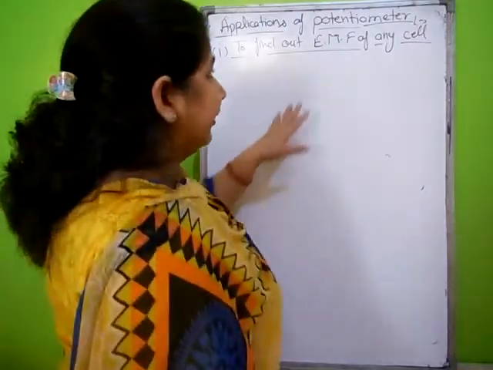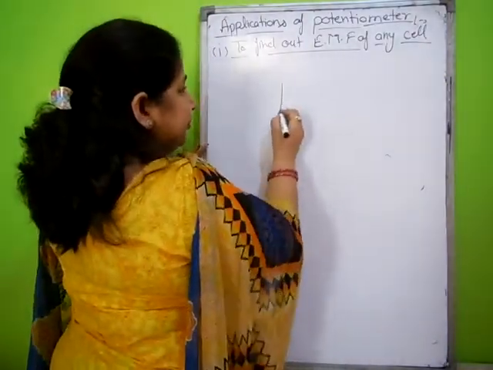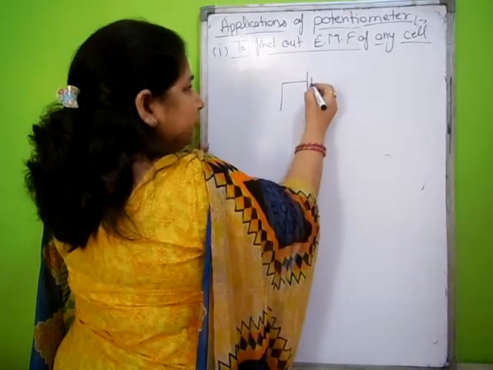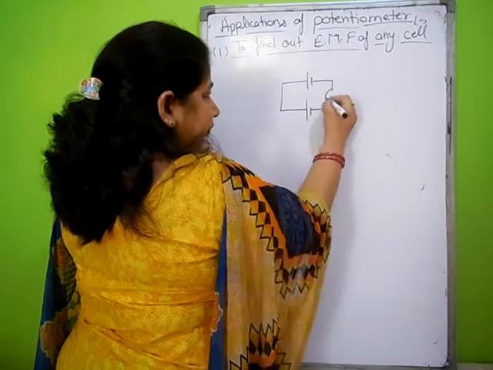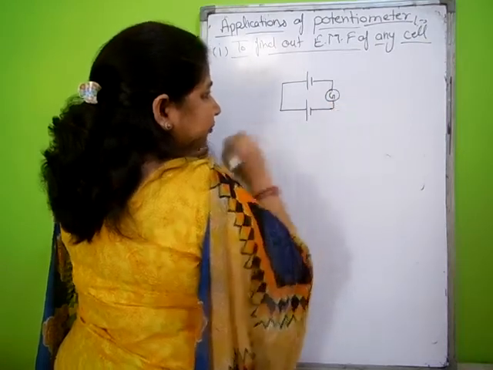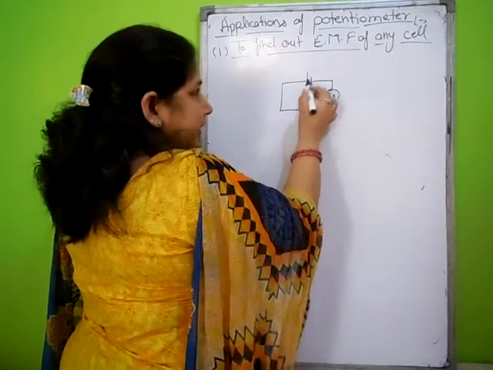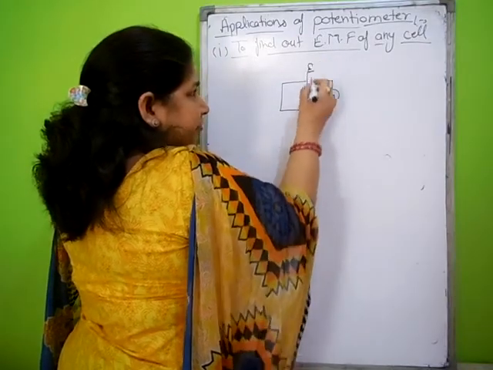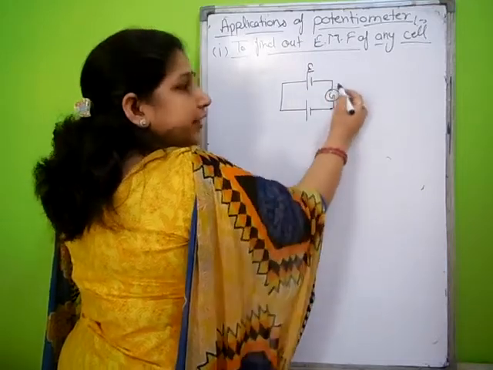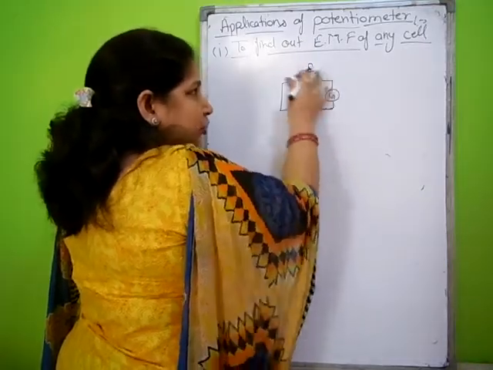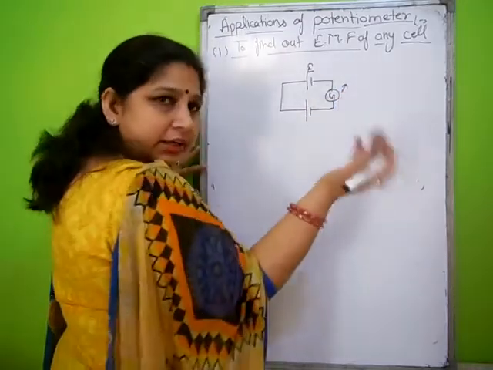Listen, to find out EMF of any cell, first listen to the principle on which it works. Suppose we have two cells and a galvanometer. Got it? Now, the first cell E1 works as the current is passing through this galvanometer in this direction. Suppose for this direction the deflection in galvanometer will be on the right hand side.